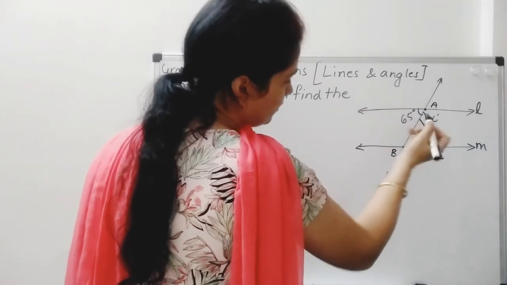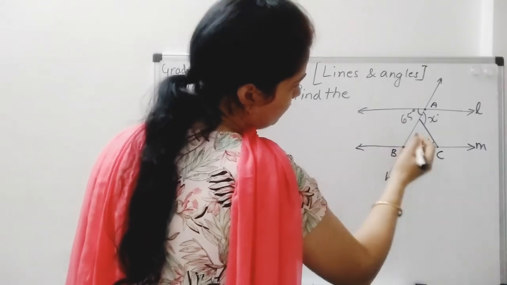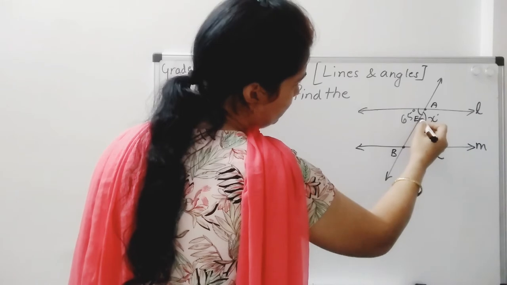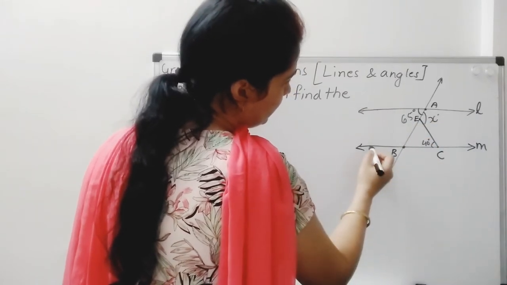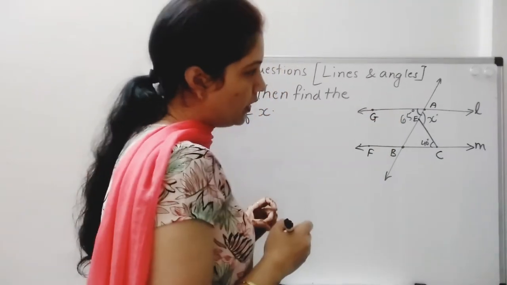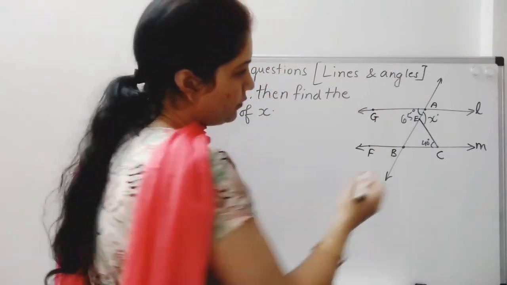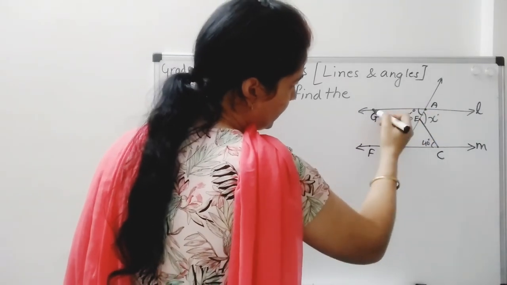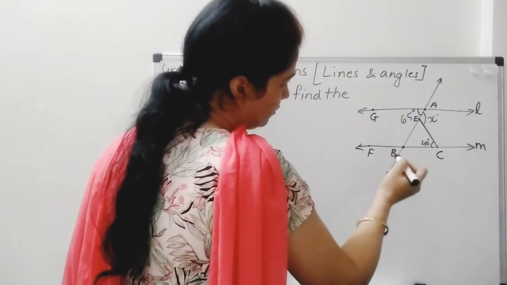And we will give this point the name E. Okay. This is suppose F. This is suppose G. Okay. So now what we need to do, we have to find the value of X. So first we will see, as we can say, L is parallel to M. Okay.